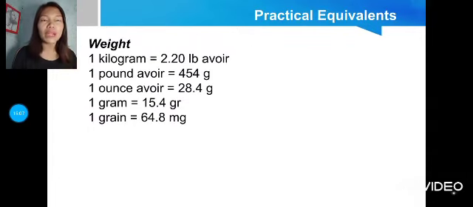For the practical equivalents, these are the conversion factors that we usually use in calculating doses. For weight, we have kilogram to pounds, and pounds to gram, ounce to gram, gram to grains, and grains to milligrams. In short, these are a combination of your metric and your English system.